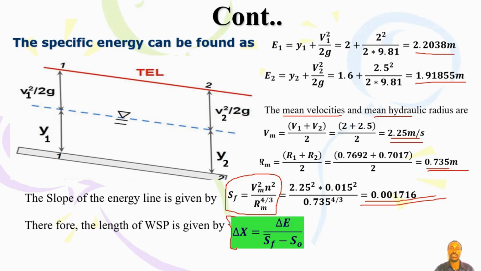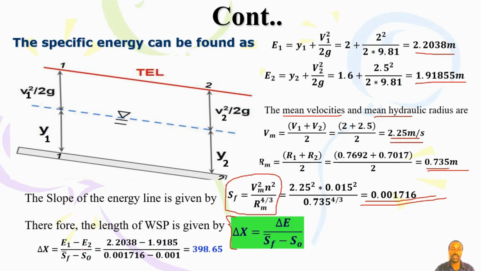After substitution, delta x is E1 minus E2 over the average slope of the energy line minus S0, already computed. Then you get this length in meters of the water surface profile.